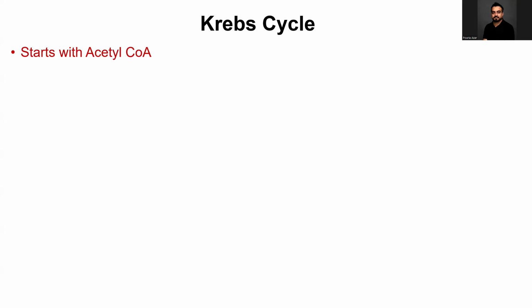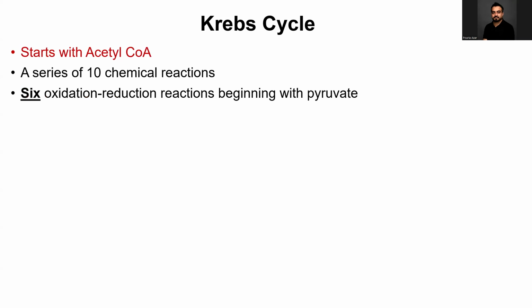Glucose is a six carbon molecule, pyruvate is a three carbon molecule, and the acetyl-CoA is a two carbon molecule. And it begins the Krebs cycle. It's our starter. The Krebs cycle itself is a series of 10 chemical reactions, and we have six oxidation reduction reactions beginning with pyruvate.